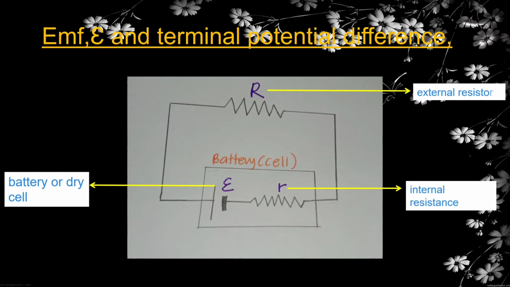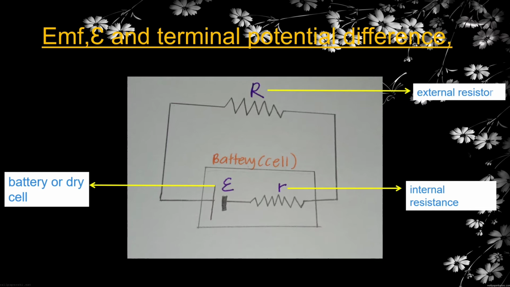This is defined as the work done in bringing a unit test charge from the negative to the positive terminal of the battery through the external resistor only.